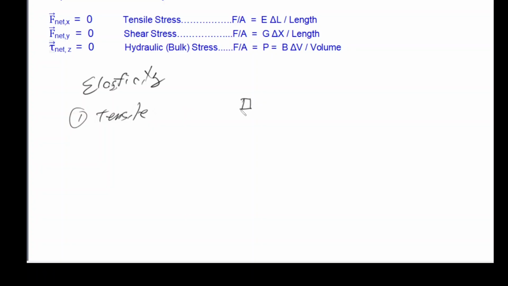So you start out with a body and it could be stretched that way or it could be compressed. The second way is with a shearing stress, and that's where a body is shifted to the side. So you'll have a body that starts this way and ends up being pushed that way.